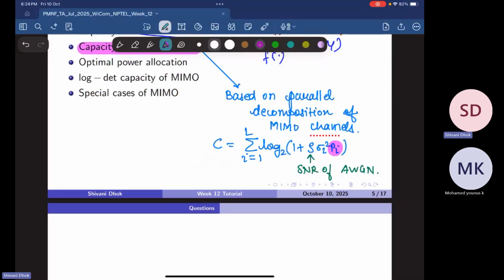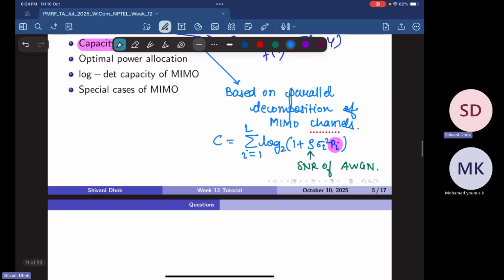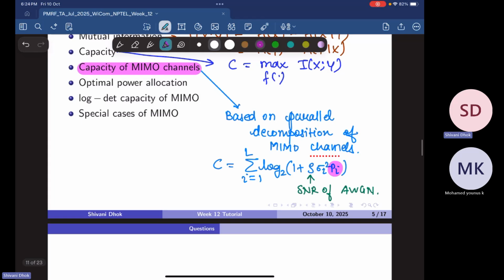So we had already seen an algorithm, and when we were solving this particular optimization problem, that is maximizing this capacity under a power constraint, we saw that this again results in a water filling kind of situation.